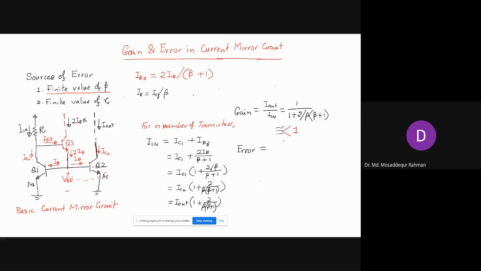So our actual gain is 1 over 1 plus 2 divided by beta times beta plus 1 minus the ideal gain, which is 1. And then after doing the math, you get this.